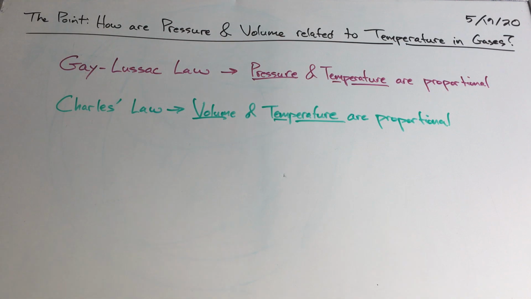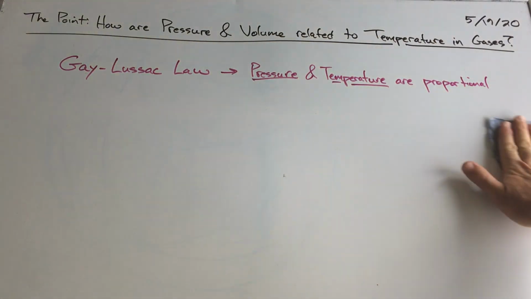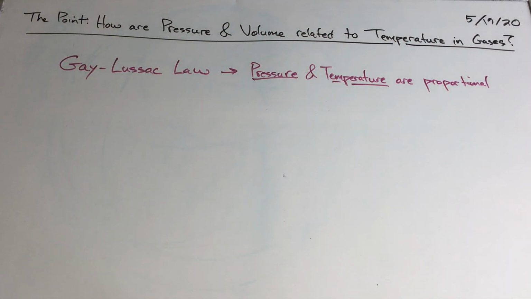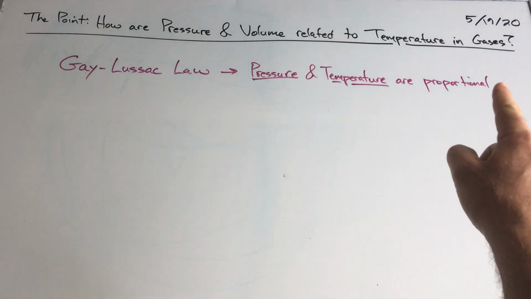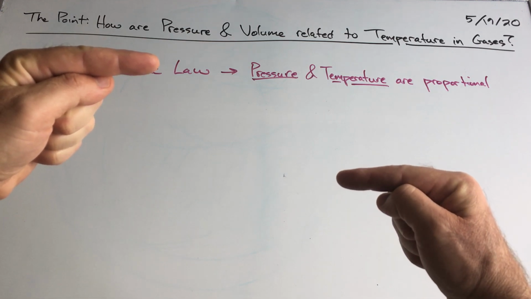Well, I would pause the video and write that down because it's super important, and then come back. So pause. Okay, welcome back. So Gay-Lussac is a person, and he said that pressure and temperature were directly proportional. And proportional simply means as one increases, the other also increases.